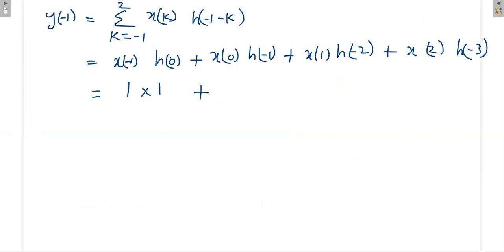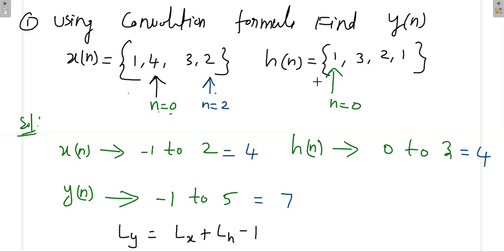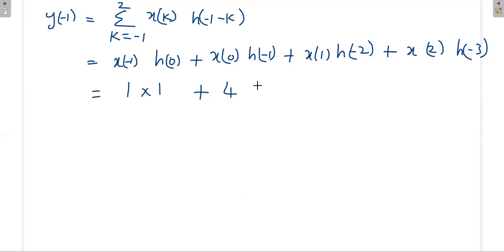What is the value of h of -1? h of n is not defined for n equal to -1, so its value is 0. So put 0 here. Similarly, if you write all these terms, definitely you will be getting 0. So finally, the value is 1. So y of -1 is 1. Similarly, you can calculate the other values.